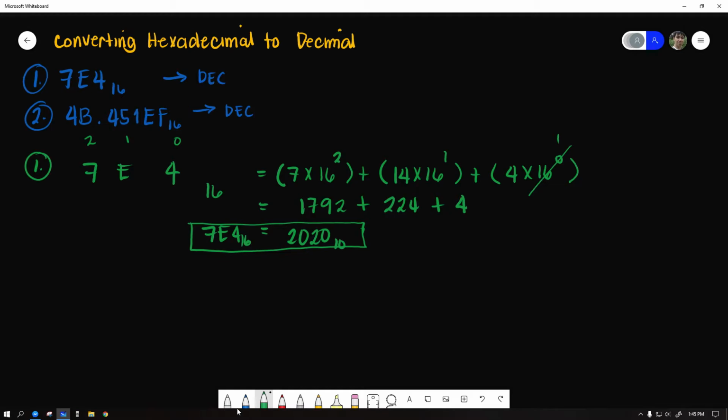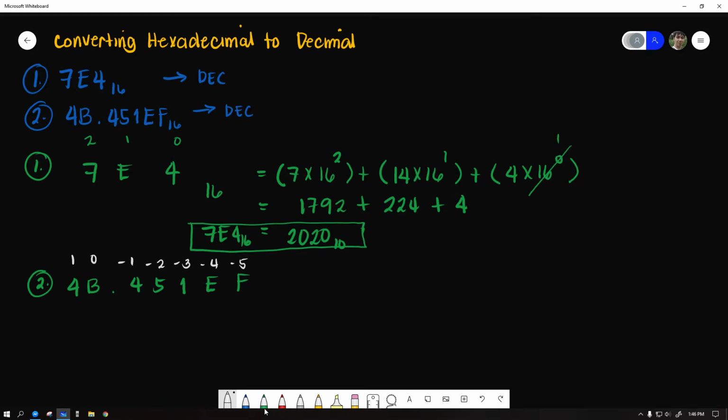So you have 4b.451ef, base 16. We know that the power of 16 here is 0, and this is 1. Then you go negative 1, negative 2, negative 3, negative 4, negative 5.